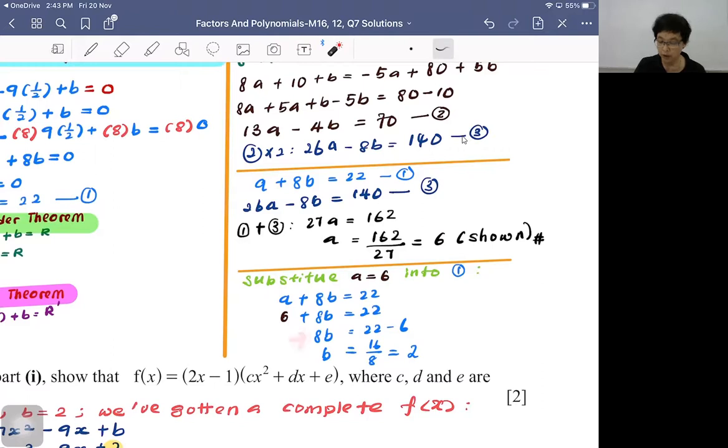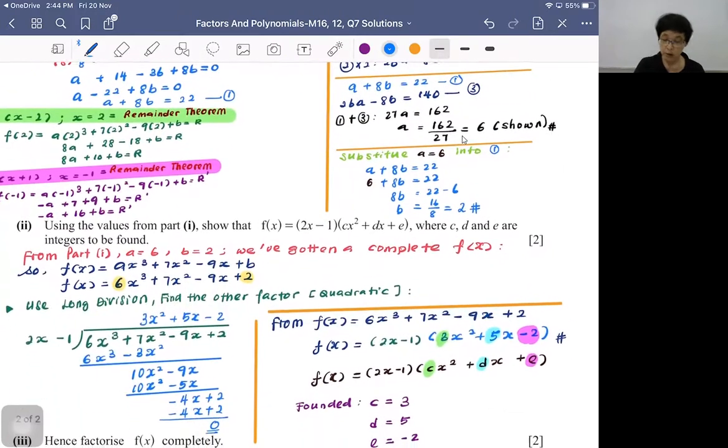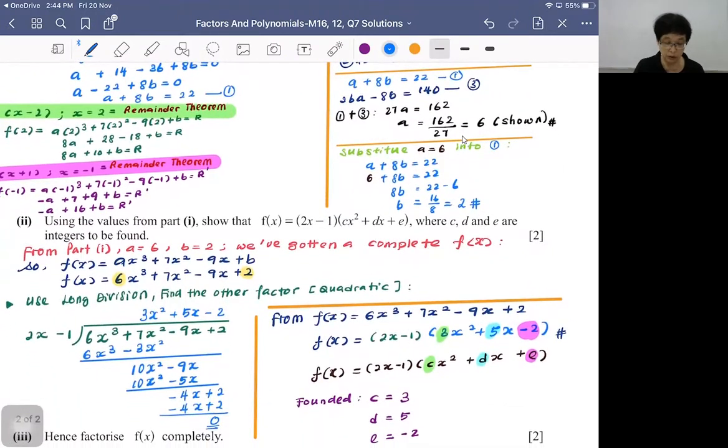Solving this for b, you comfortably get b equals 2. Now we have officially solved the 2 assignments given to us in part 1, and 4 marks are secured. Now we move on to part 2, section 2.